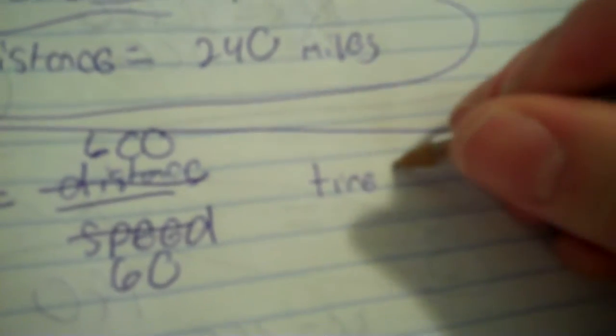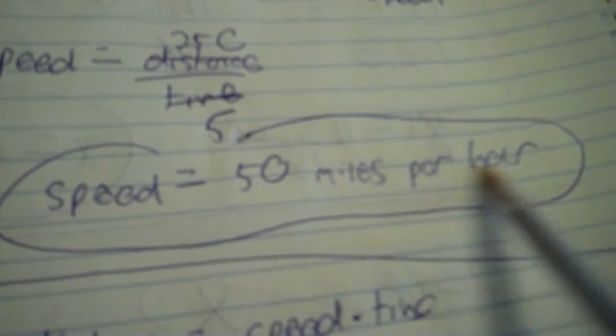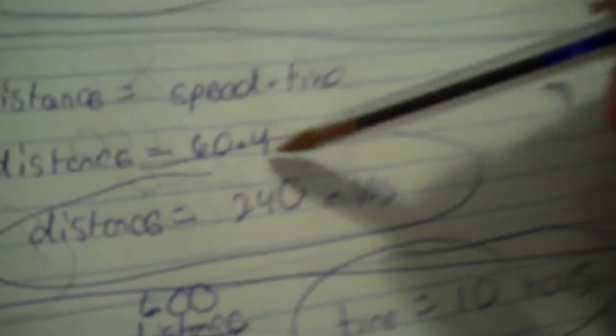So time is 10. Okay. Time is hours, okay? 10 hours. So speed, distance divided by time, remember to label that with the per, miles per hour. Distance is speed times time, that's just miles, and the time, distance divided by speed, that's just hours, okay?